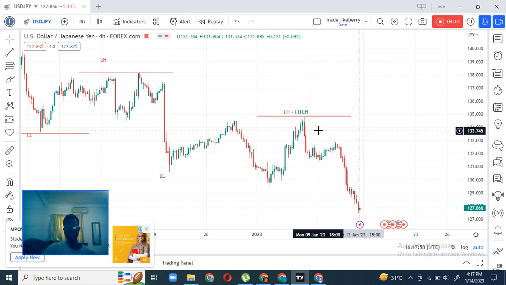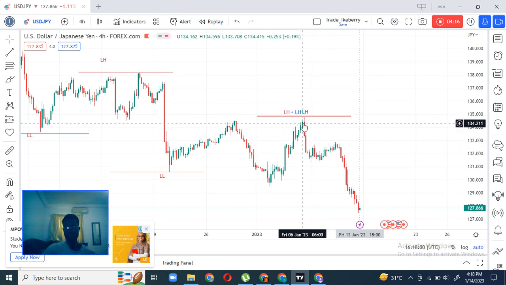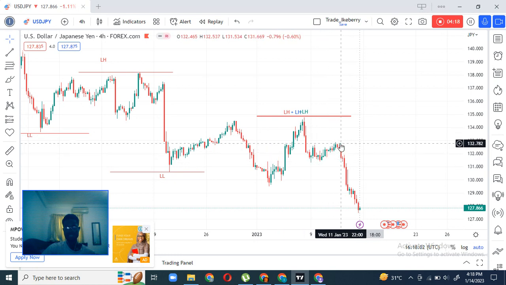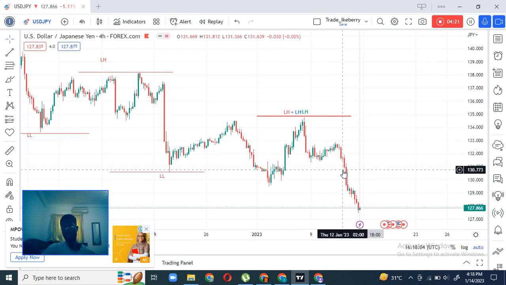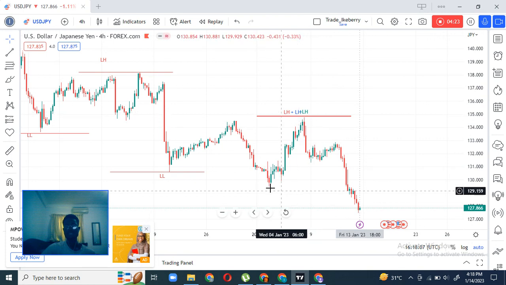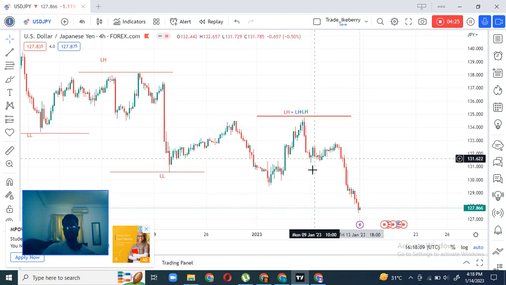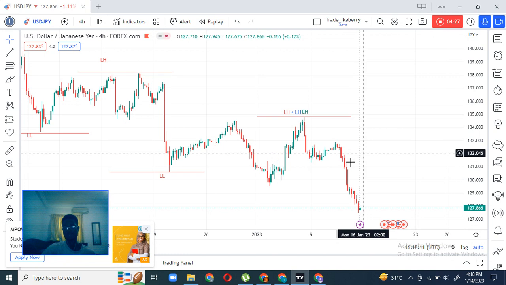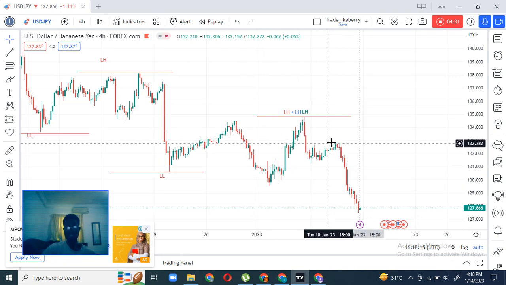All right, so what do we see now on the 4H? You see price came down impulsively, then retraced a little in a corrective way. See, here was a lower high. Price never came down impulsively to break this and form another corrective. If it had, this side would have been our lower high.